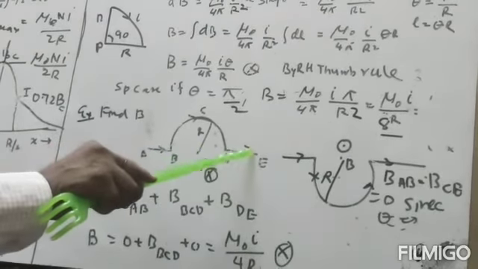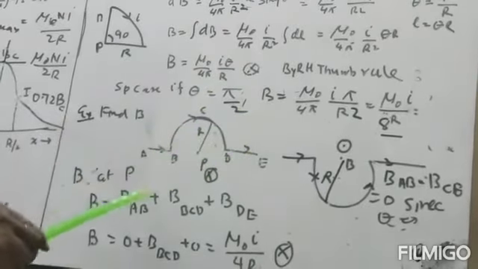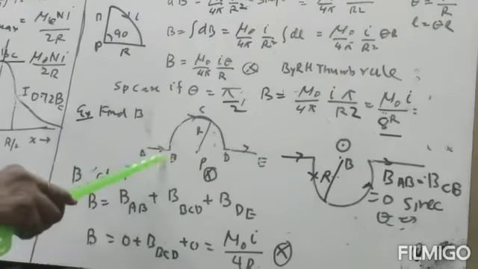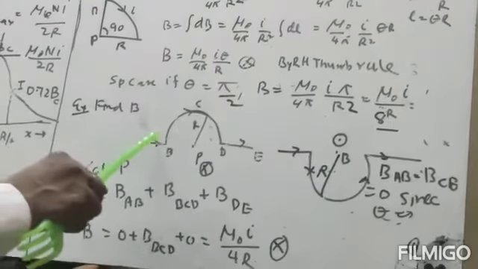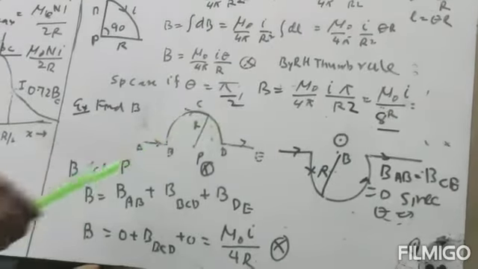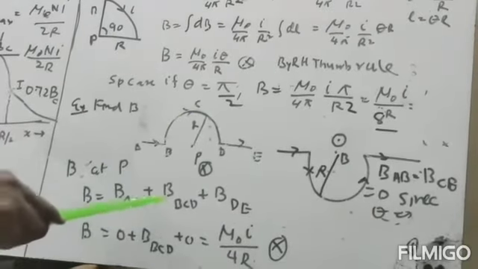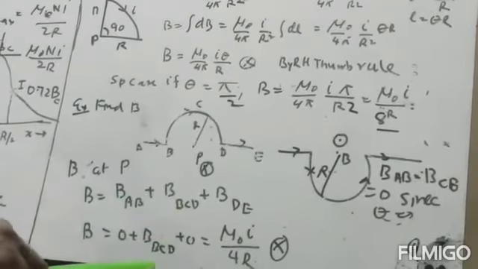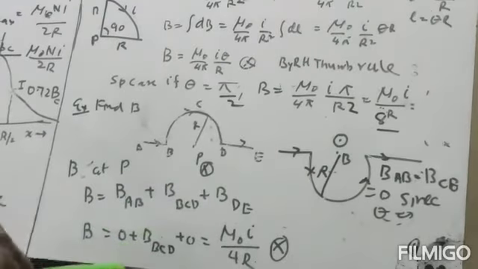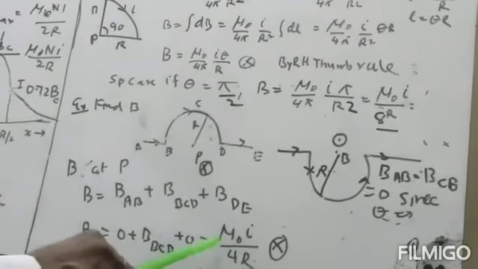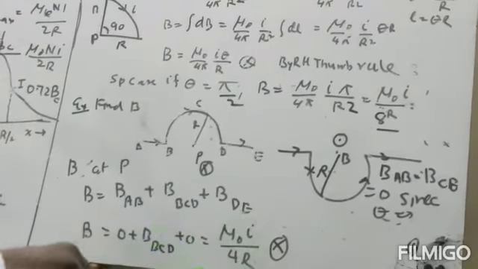For the AB and DE parts, they are in the same direction as the center. So theta will be equal to 0, sin 0 is equal to 0. Therefore, the magnetic field due to the straight portions AB and DE will be equal to 0. Now for this curved path, the magnetic field will be B of AB plus B of BCD plus B of DE, and we will find the value of BCD, and this will be μ0 I/4R.